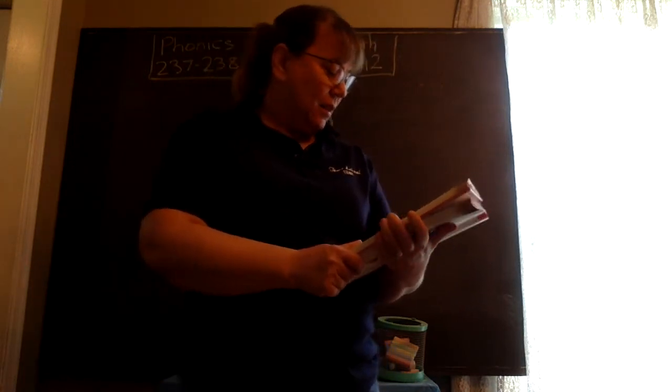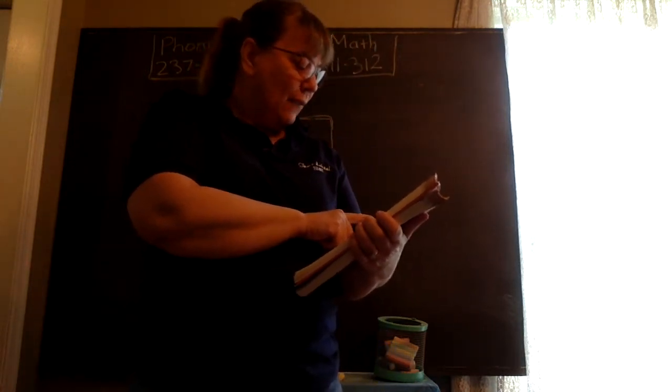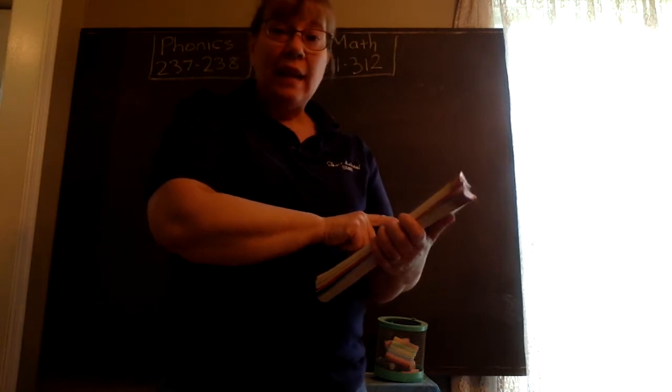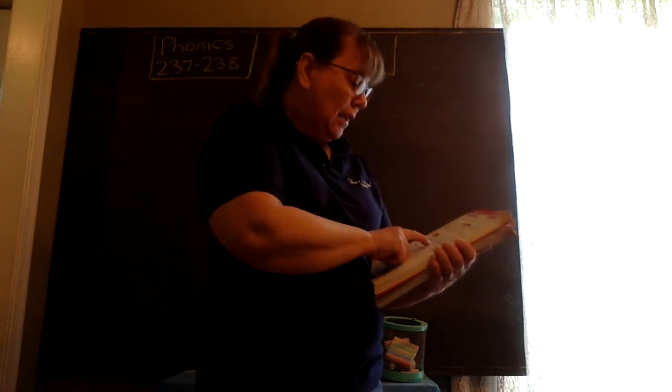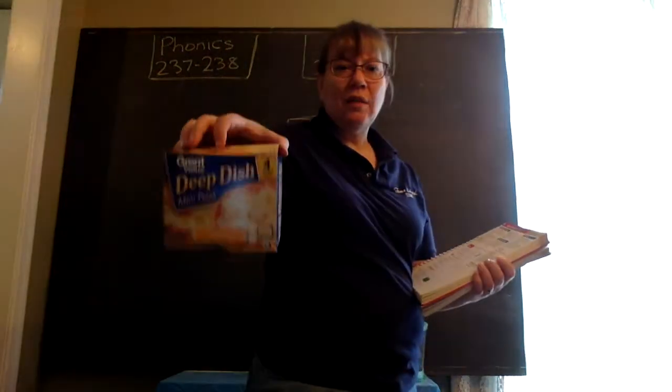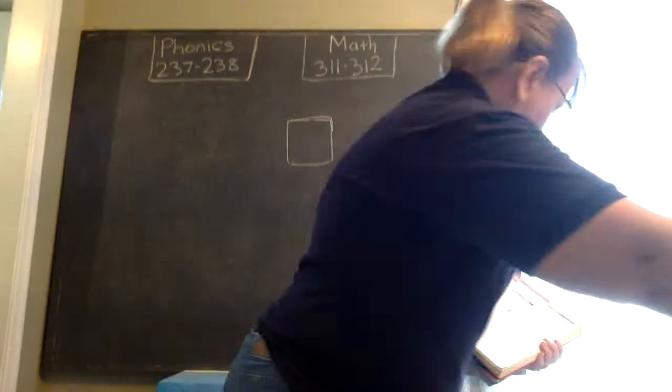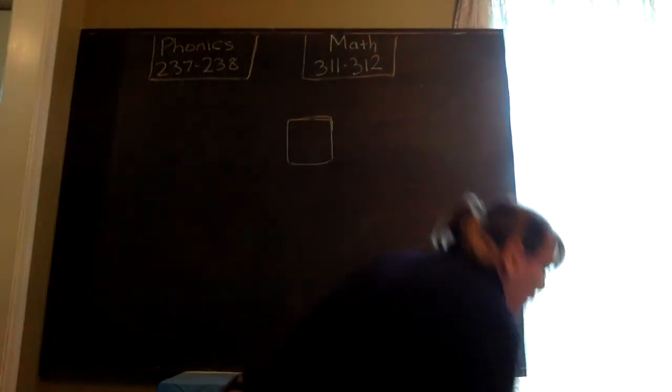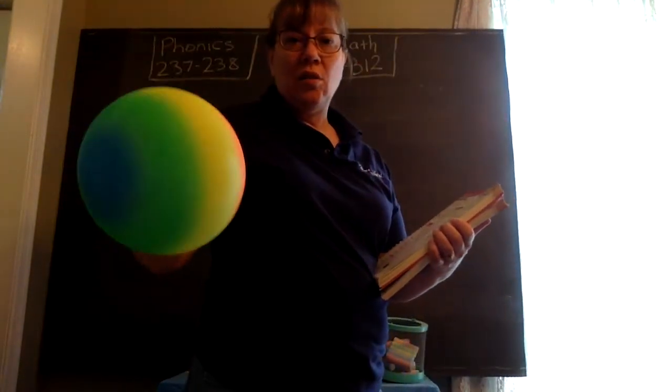Number 6. Color blue any figure you could use to trace a circle. It has a cube. Can't trace a circle on a cube. It has a sphere. We cannot trace a circle on a sphere.